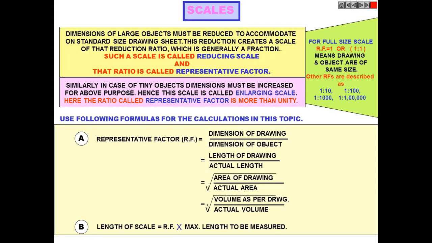Then we started with conics. We referred back to our representative fraction, which covers reducing and enlarging scales.